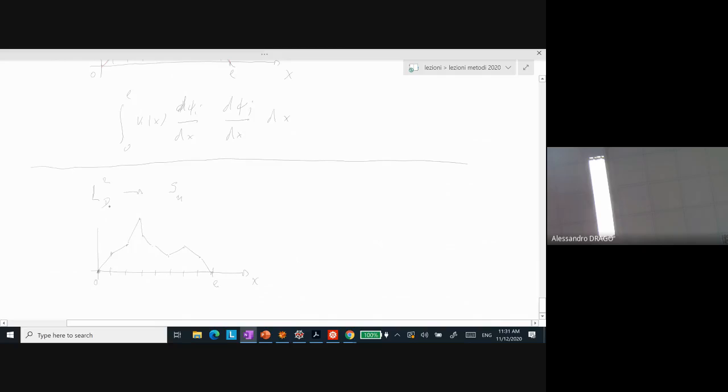So it is the subspace of L square of the functions which are vanishing at 0 and at L. This is the subspace we are now considering: a subspace of functions which are continuous, and we can also integrate these functions, but they are made of straight lines, like indicated here.